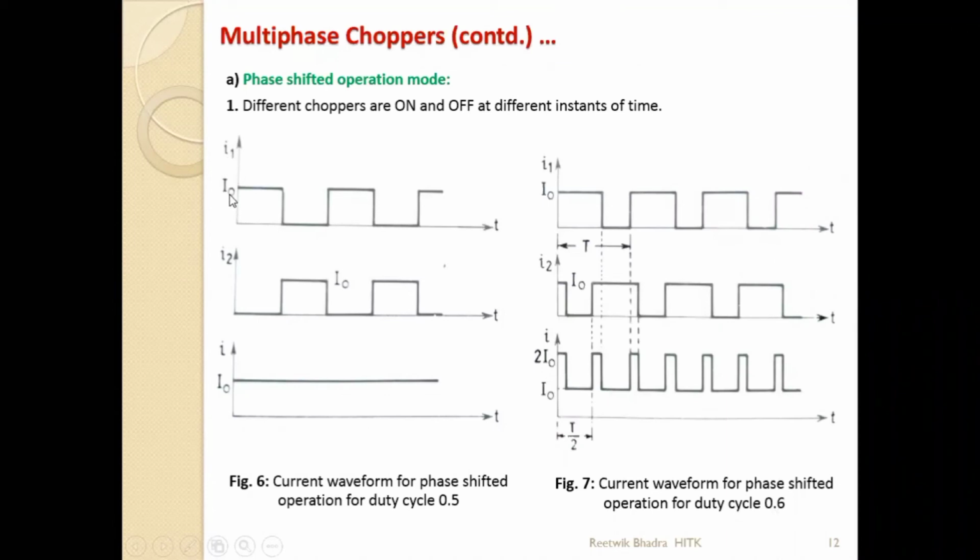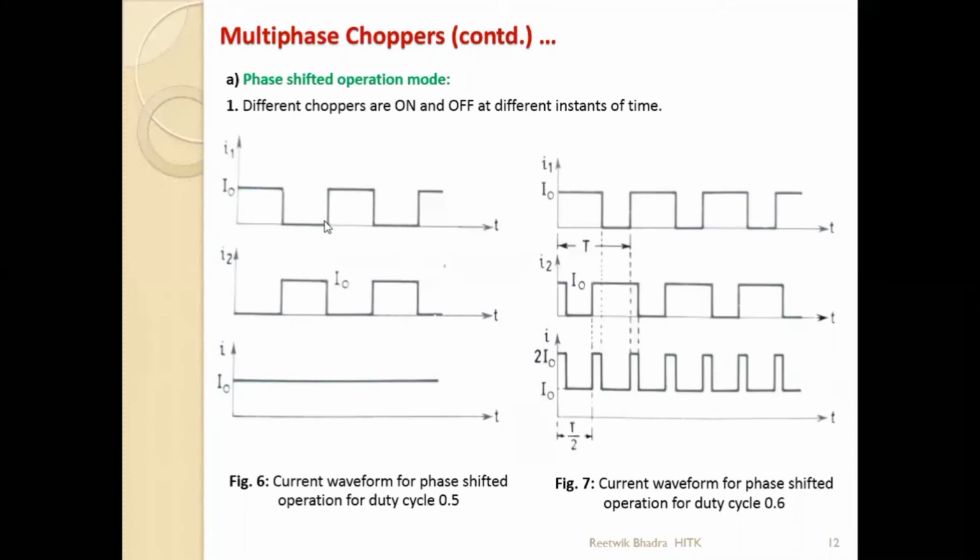So if you look at the first figure, I1 is equal to I0 when CH1 is on, and during that time CH2 is off, so I2 is 0. During the next interval when CH1 is off, that is I1 equal to 0, CH2 is on, so I2 is equal to I0. We are discussing when our duty cycle is 0.5.